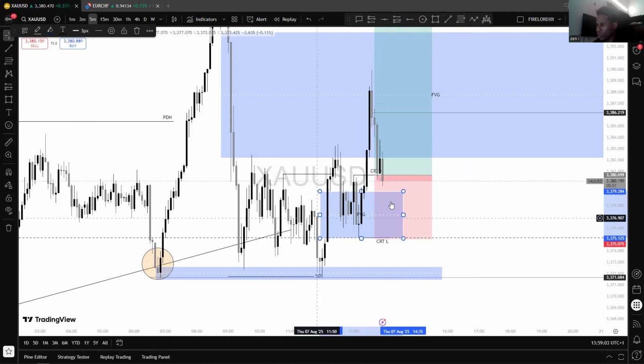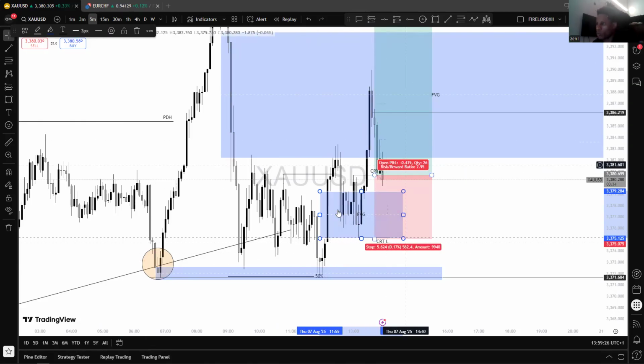So now price came. We see that it failed to close below this low, not showing us any change in the current trend. This swing movement that we had before this crash, we did not see any change in trend.